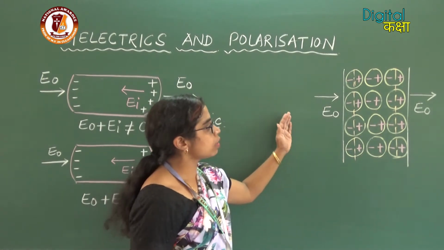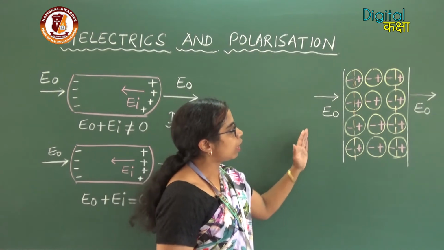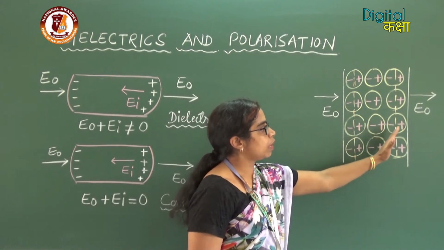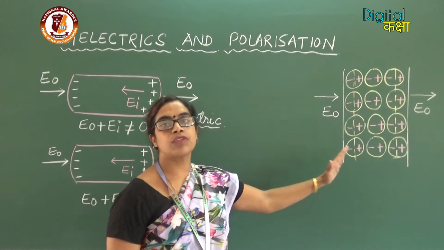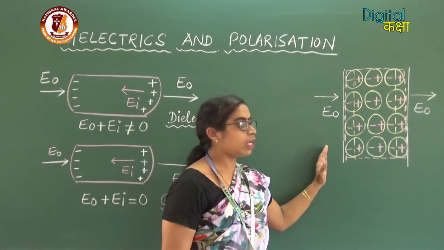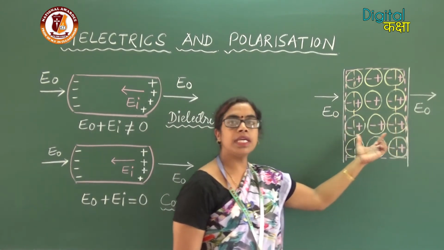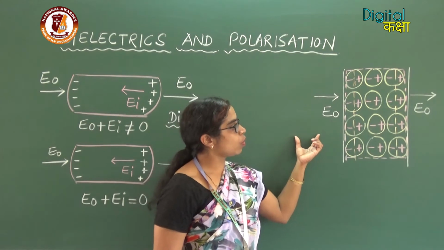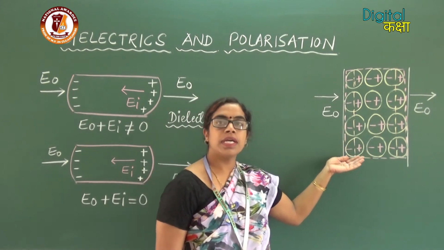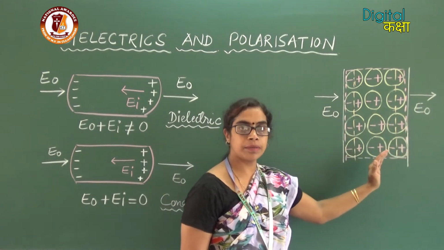Now, let us understand what exactly is happening when a dielectric is kept in an external electric field. In this diagram, a dielectric is kept in the external electric field E0. The direction of the external electric field is marked from left to right.